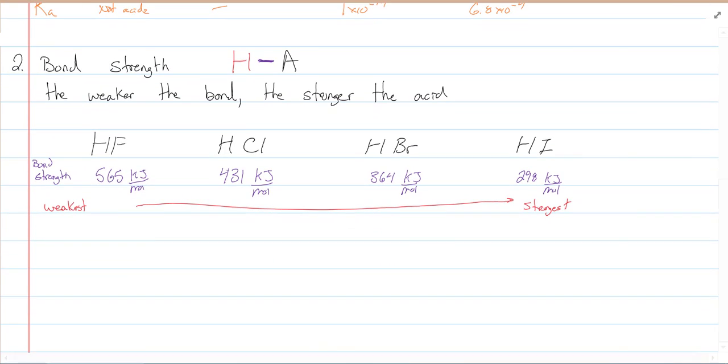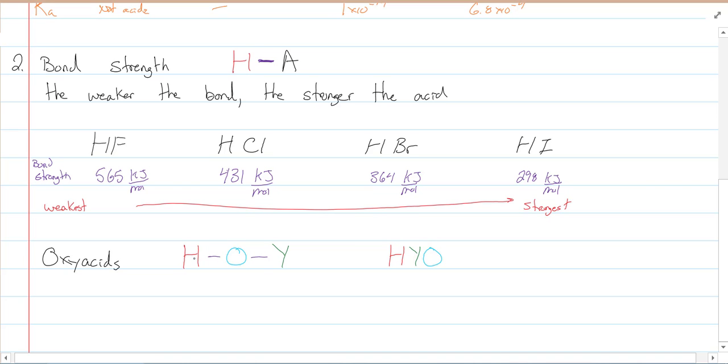There's a second class of acid, and these are oxyacids. You have the H bonded to oxygen. You've got oxygen in there and a central atom. Now they're usually written as HYO, with however many oxygens there are, like nitric acid or sulfuric acid.